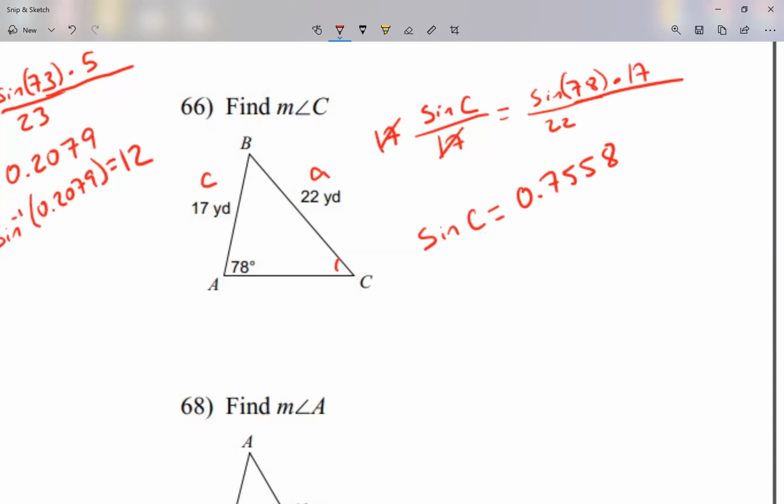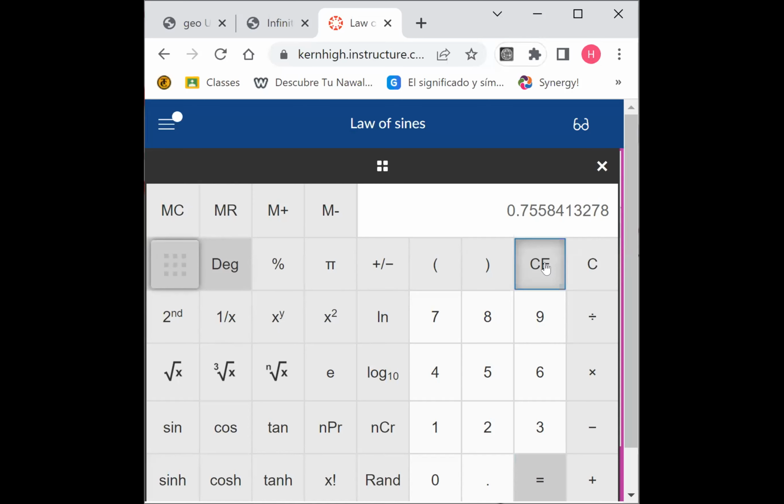So that means that angle C is the sine inverse of 0.7558, which is, let me see, let's work this out.